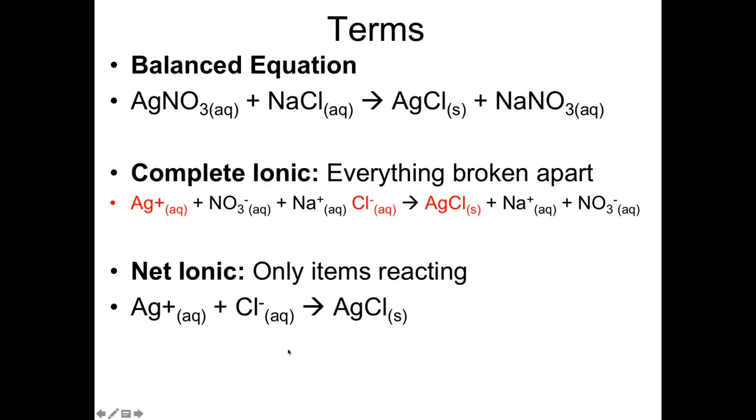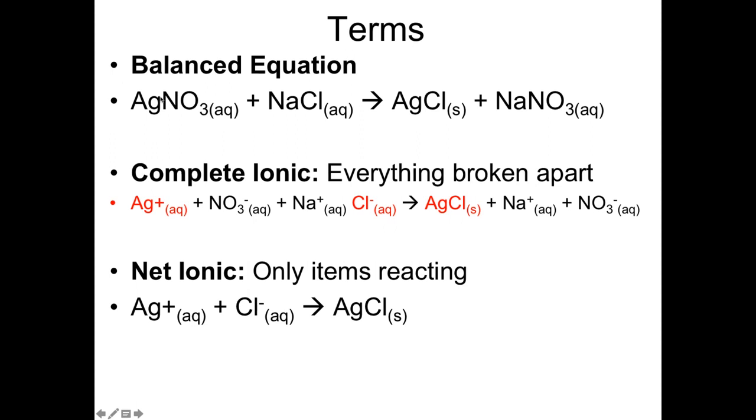Now, chemists normally use three different types of equations, and so it's really important to be clear on all three of these. The first one is a balanced equation, which I showed you on the previous slide. The next one is what's called complete ionic. In a complete ionic equation, everything is broken apart except the items that can form solids, liquids, or gases.